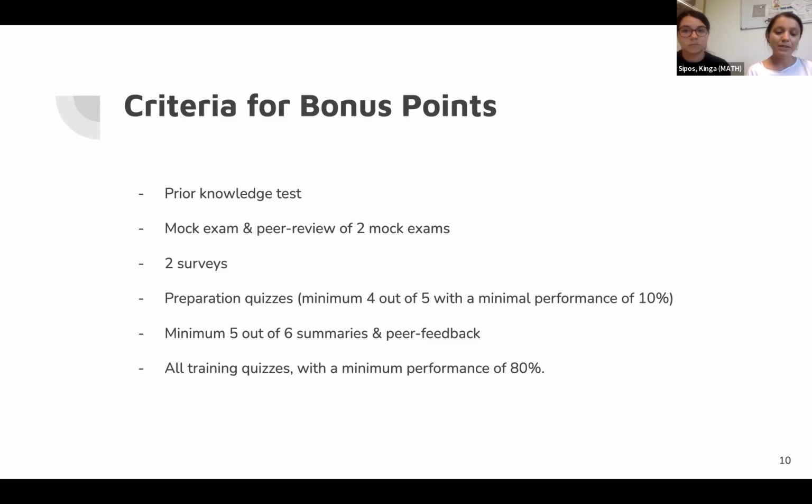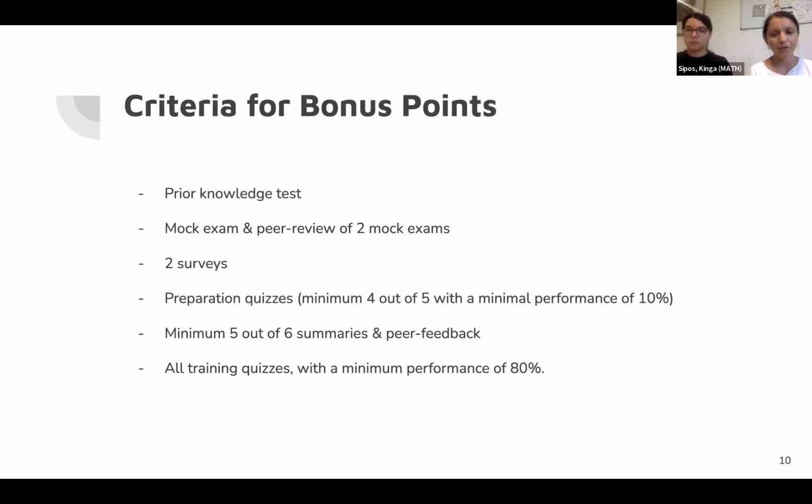Okay, now students who decided to take part in these additional activities had the possibility to get some bonus points for it. And here you see the criteria. The prior knowledge test and the mock exam were compulsory for getting these bonus points.